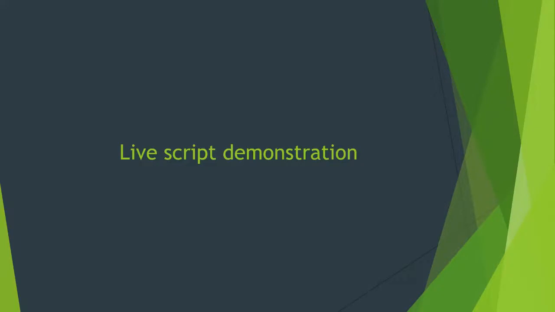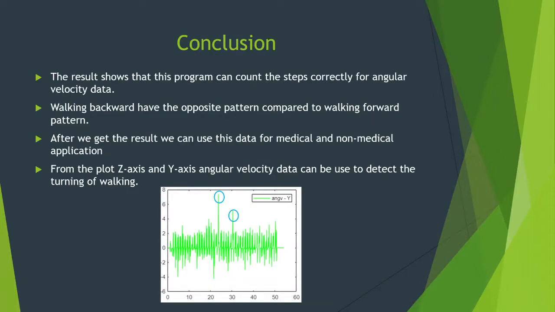So we finished the lab script demonstration part. For the conclusion, the result shows that this program can count the steps correctly for angular velocity, and for acceleration data, we have to adjust the threshold to get the correct result and use the proper filter for the data.